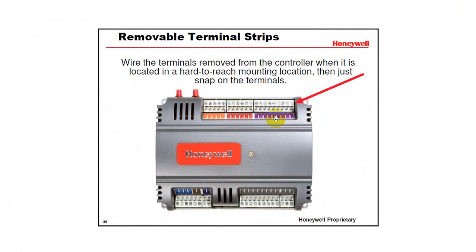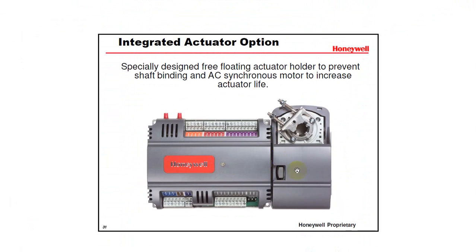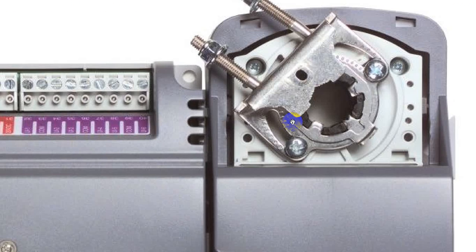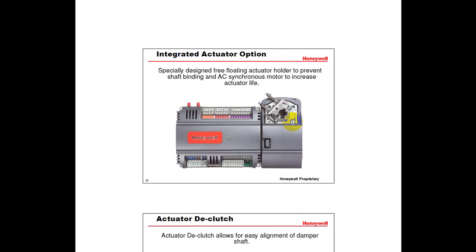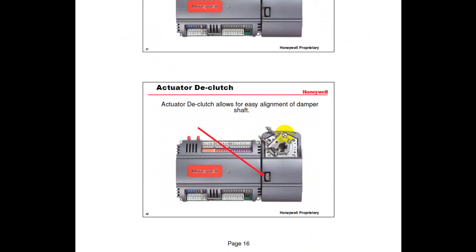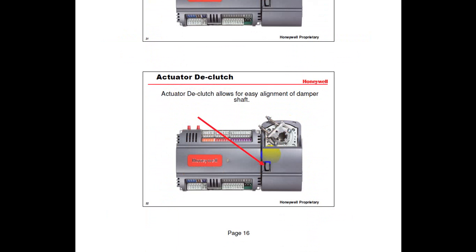This is an integrated actuator, that is with VAV models. If you have a requirement with VAVs, it is easy to use this kind of controller. Then you can declutch this actuator. If you don't need the actuator at some time, you can easily push this button and you can remove this actuator.